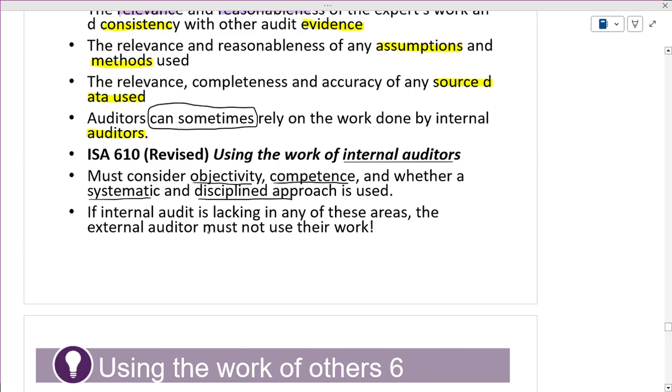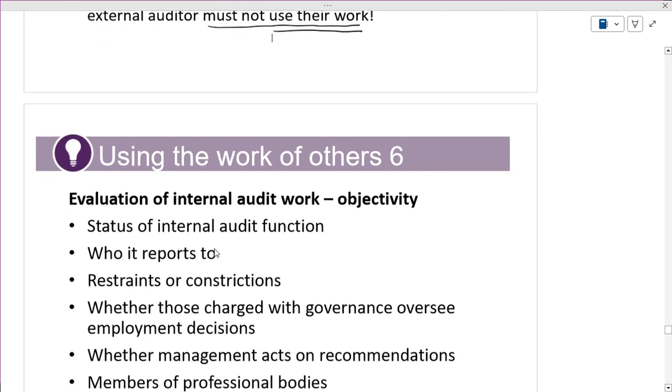If the internal auditor is lacking in any of these areas, the external auditor must not use their work. The same rules that apply to the expert apply to the internal auditor. But anyway, definitely we should not blindly rely on internal auditors.